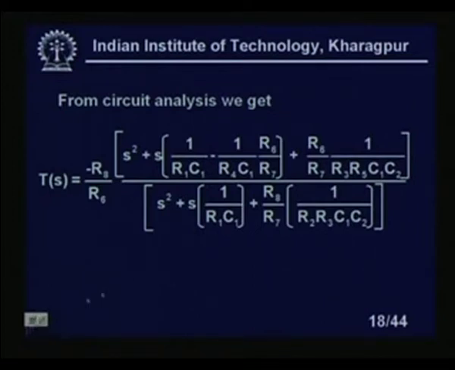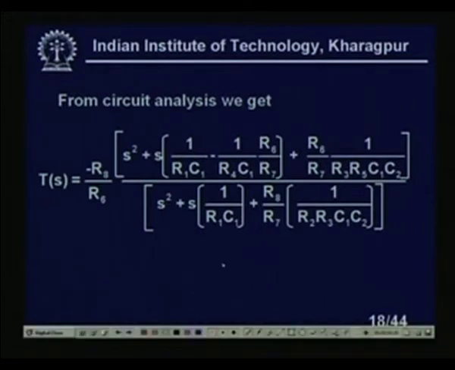One thing you see here which is very important is that this is very similar to the structure. I can write T(s) equal to minus K times (C S square plus A S plus B) over (S square plus D S plus B), is it not? Very similar to this type of structure.